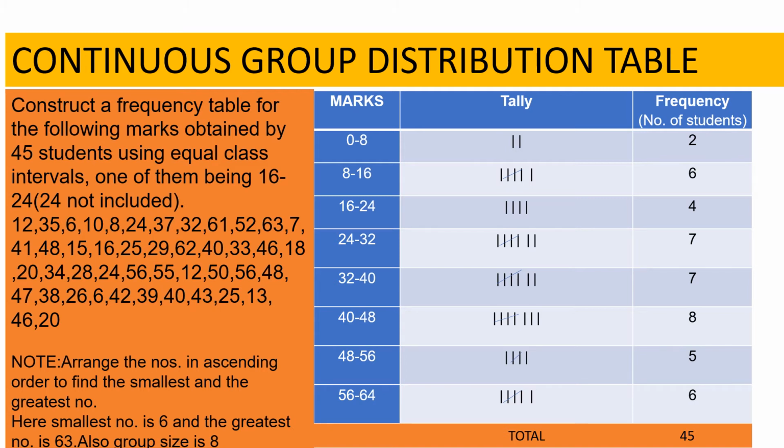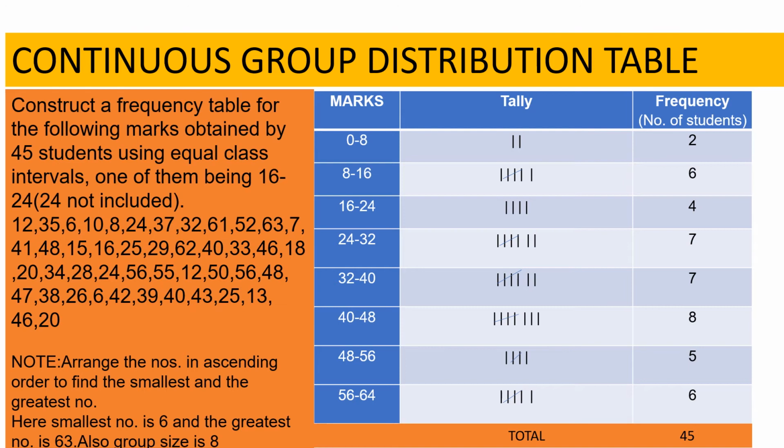So we will start making the groups from 0 to 8, 8 to 16, 16 to 24, 24 to 32, 32 to 40, 40 to 48, 48 to 56 and 56 to 64. Since the greatest number is 63, we will stop at 64 over here.